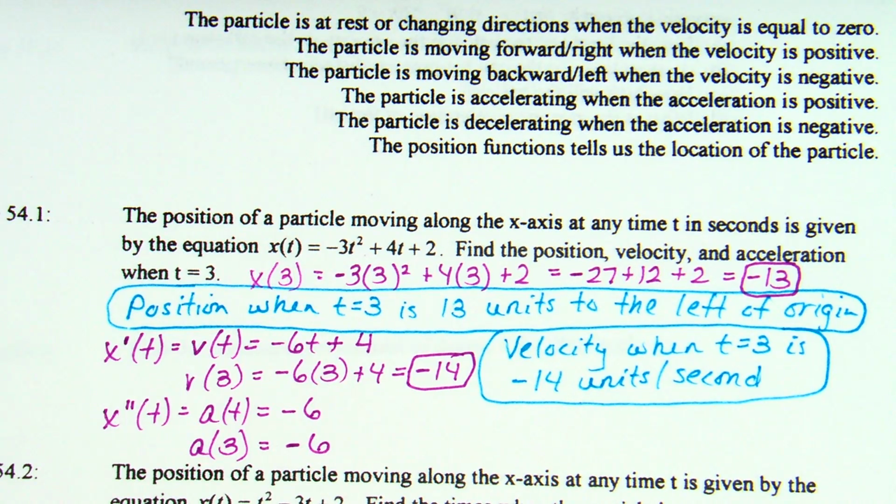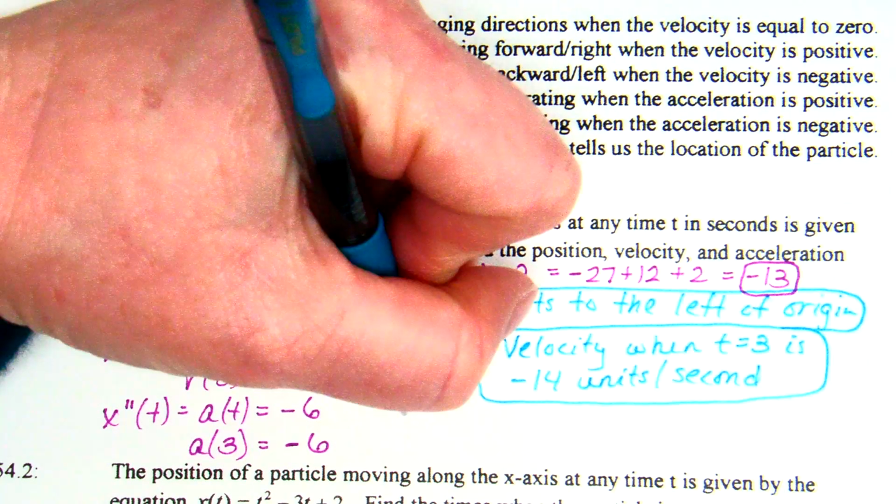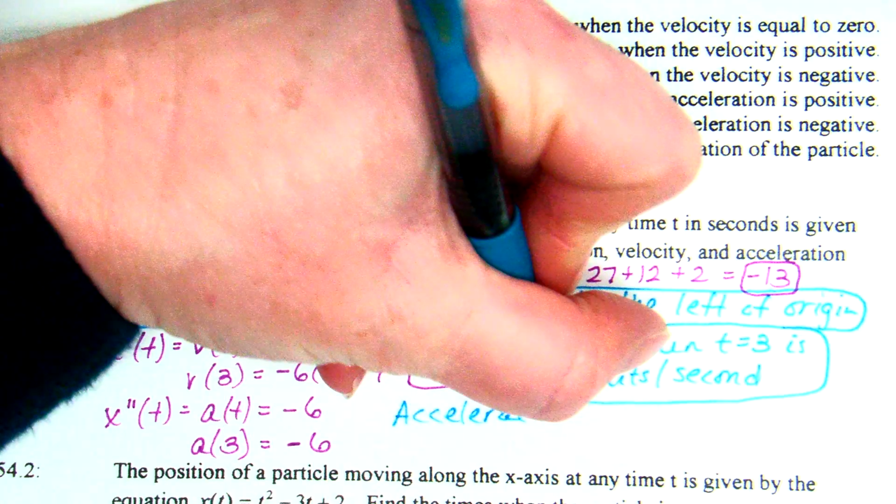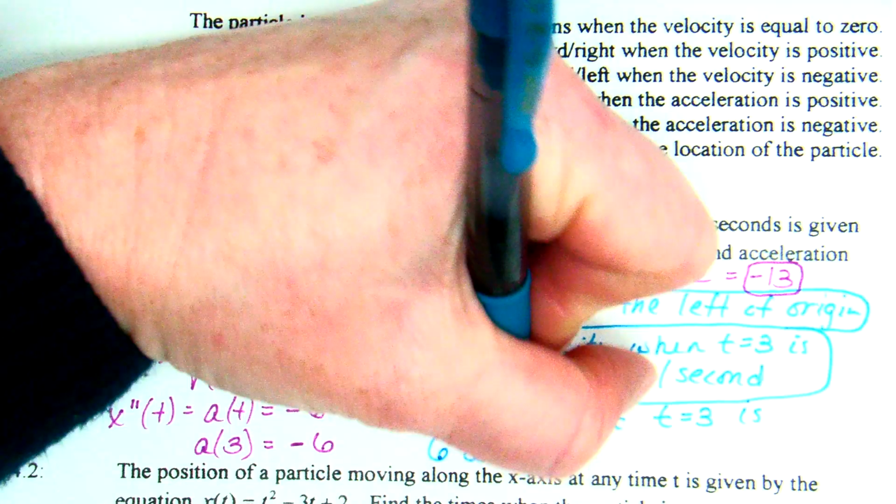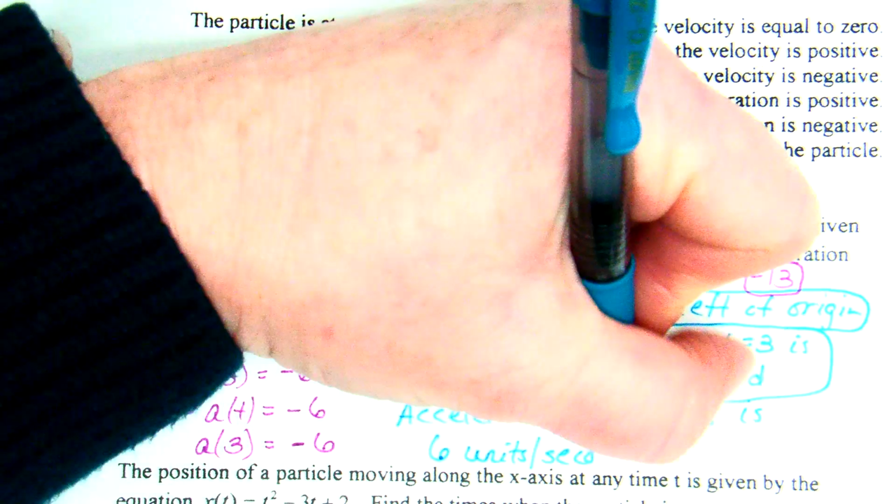So the acceleration when t equals 3 is 6 units per second squared in the negative x direction. That's why I was looking, I was like, wait, what?